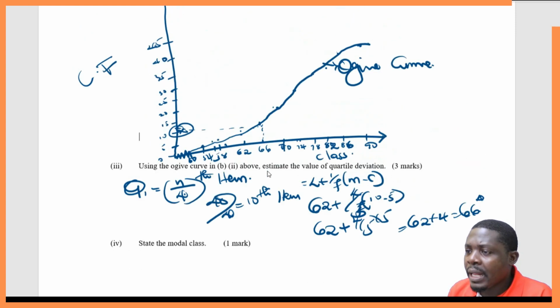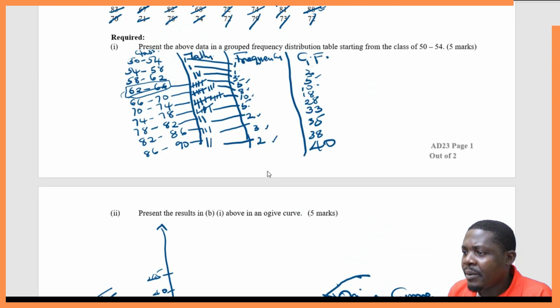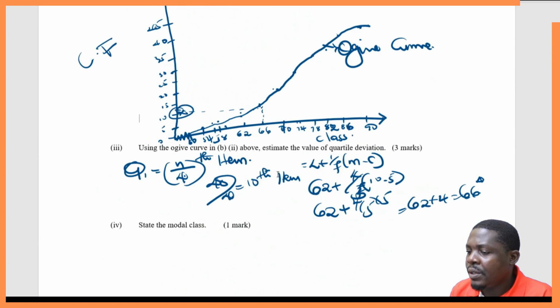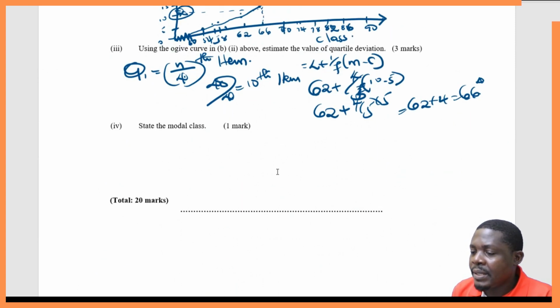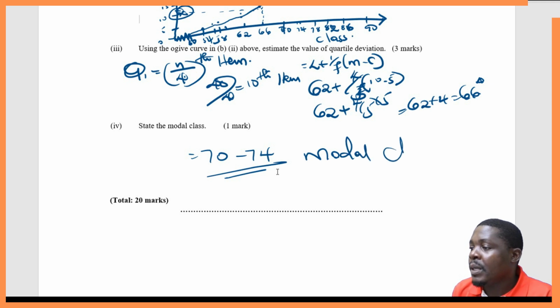Then the modal class, in this case, we take the one with the highest frequency, which is 70 to 74. So 70 to 74 is our modal class.